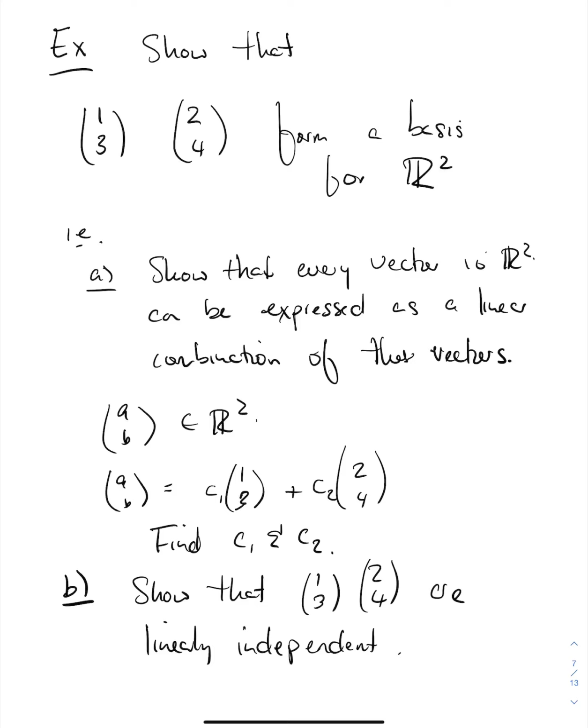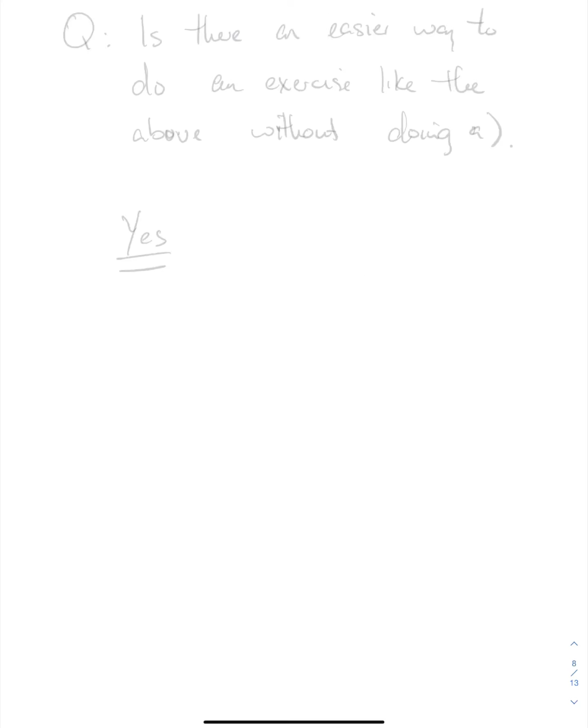Okay. In looking at that last exercise, one might think that part A was a little bit annoying, and it is. So a question that you might have is, is there an easier way to do an exercise like the above, without doing A?